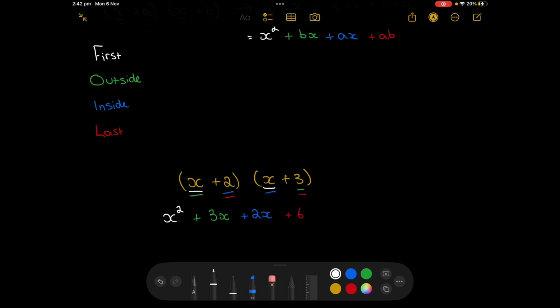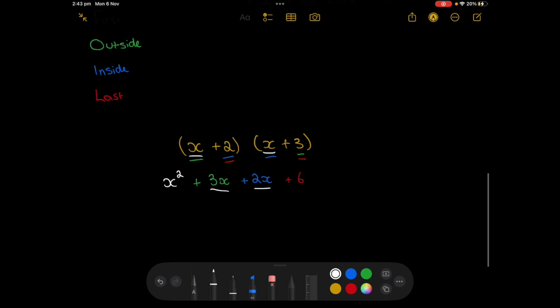Now, hopefully you're noticing that we can collect some like terms here, because 3x and 2x are both like terms. So we simplify this expression by going x squared plus 3x plus 2x is 5x plus 6. And that is the expanded version of x plus 2 and x plus 3.